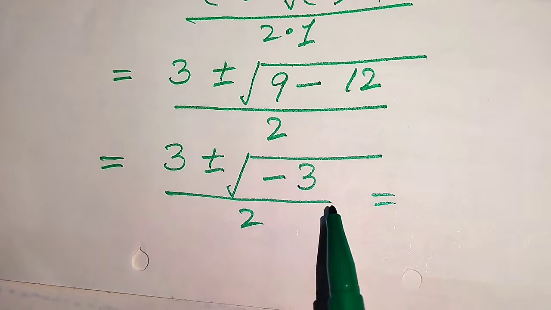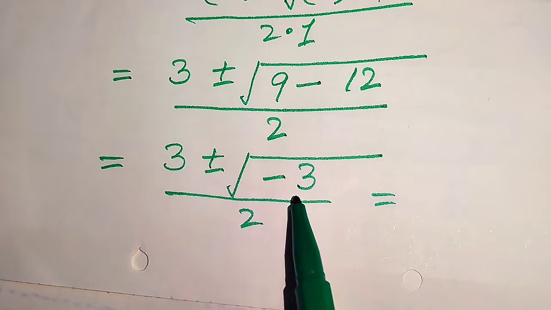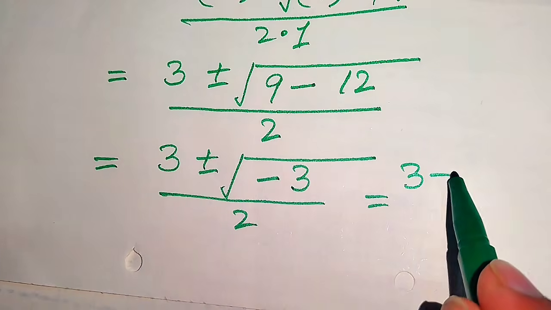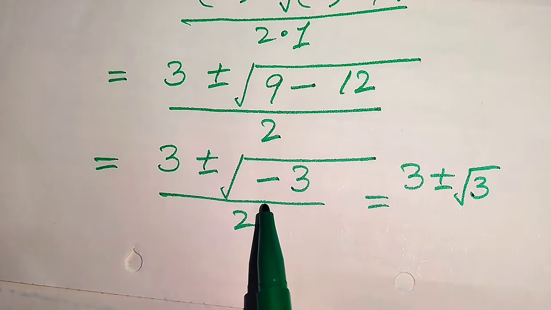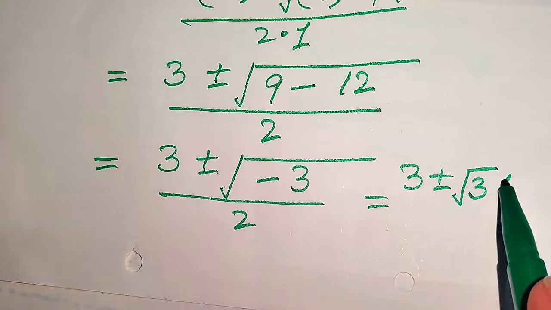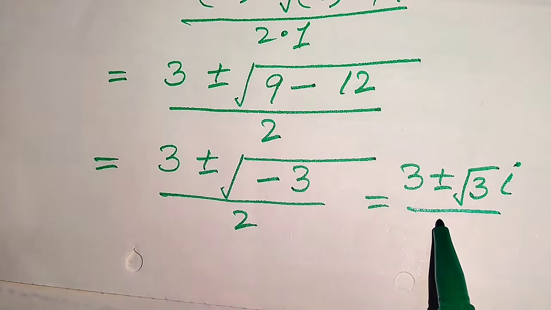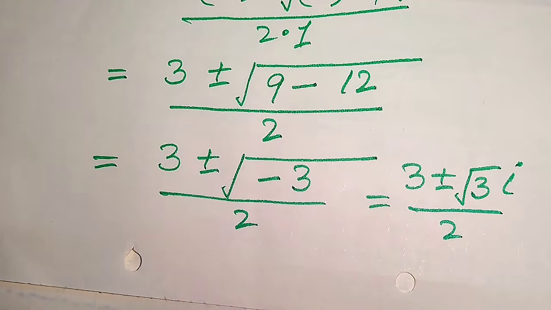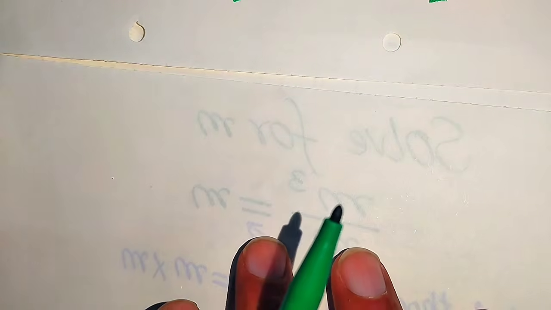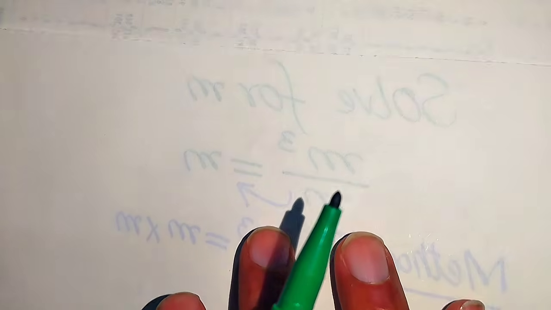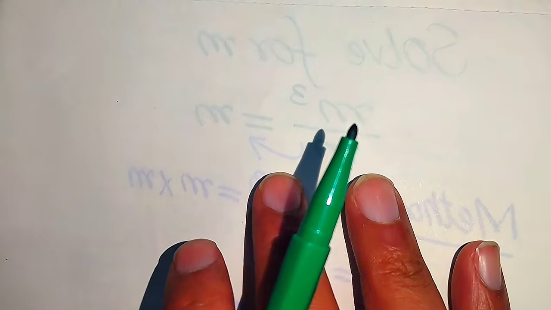Here we apply the square root separately, and it becomes 3 plus minus square root of 3, and we know that when a negative sign appears inside the square root it becomes iota, all divided by 2. In the next step we simplify further, and we obtain two values of a.